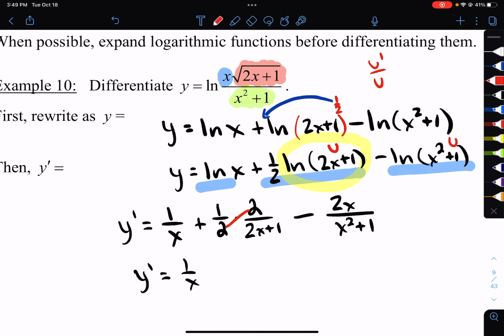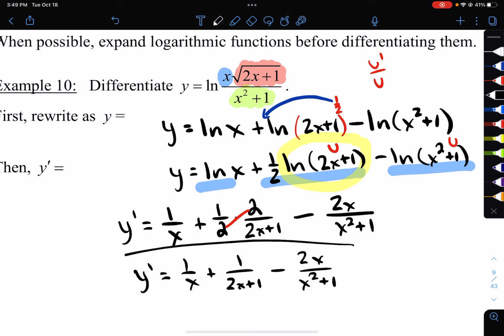These twos cancel. So I'm just left with plus 1 over 2x plus 1 minus 2x over x squared plus 1. And I think that's as much without finding a common denominator, which there's no way, I'm not doing that. That's plenty of simplifying for me. I don't want to find 3 different common denominators and multiply everything out, and it's just going to become messier. I like it the way that it is, okay?